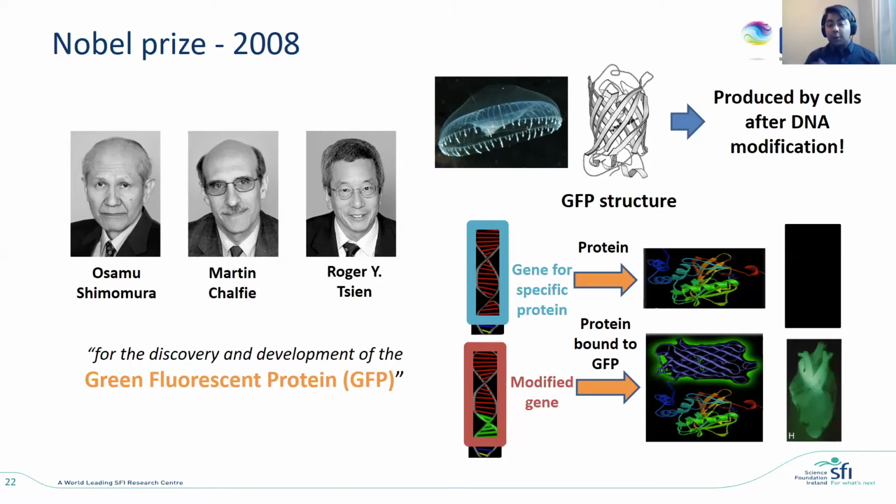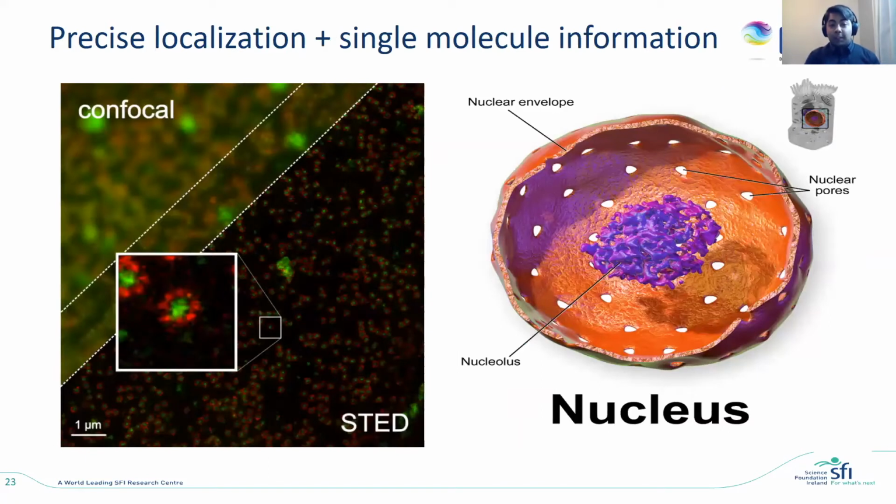Those which produced this GFP had the organs and the cells that produce these proteins as fluorescent. This revolutionized the whole field of biophotonics, and other discoveries are with precise localization or single molecule information.